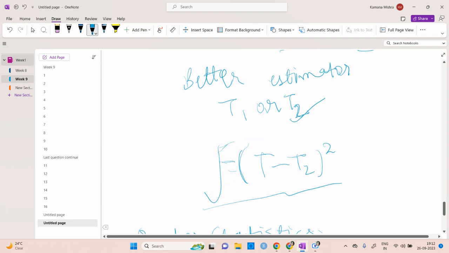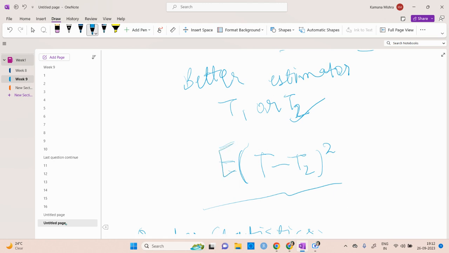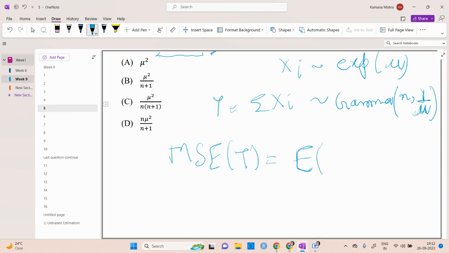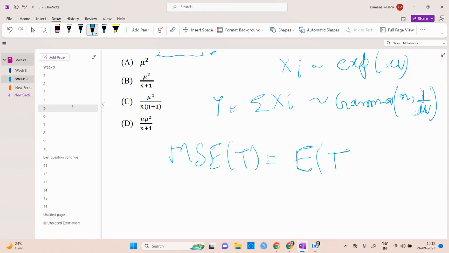This will not come because we are just taking the mean of the squared error. So this is just the mean square error. So the mean square error will be what? T minus mu whole square.